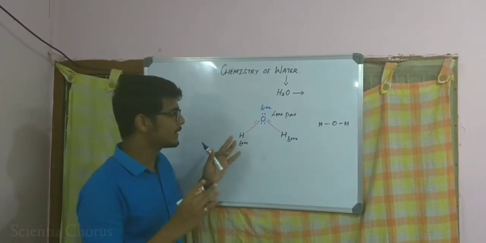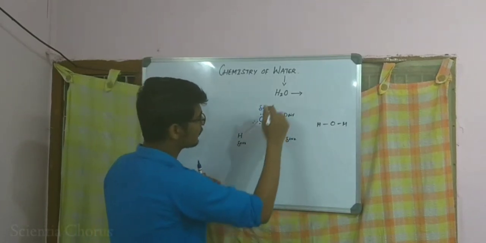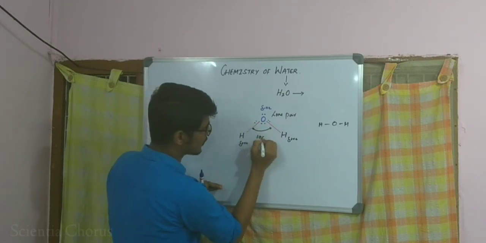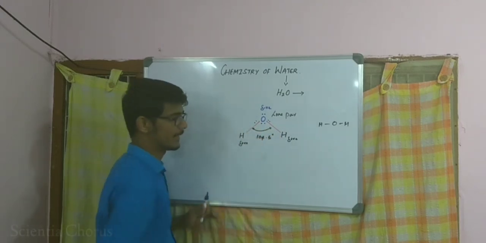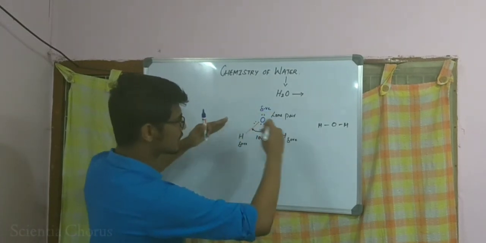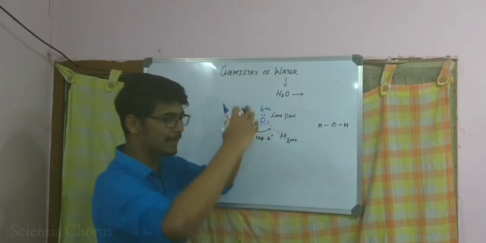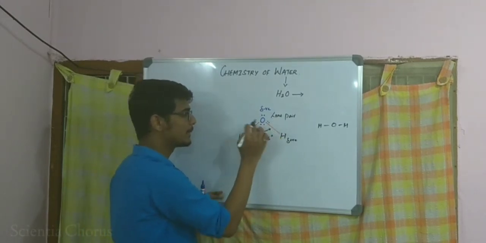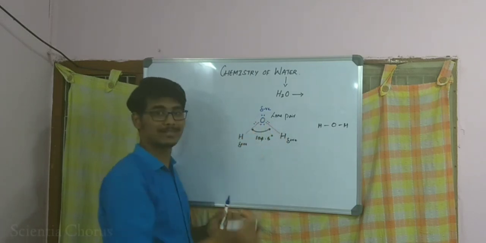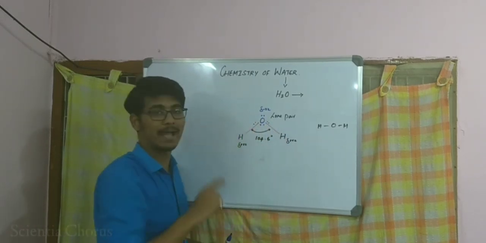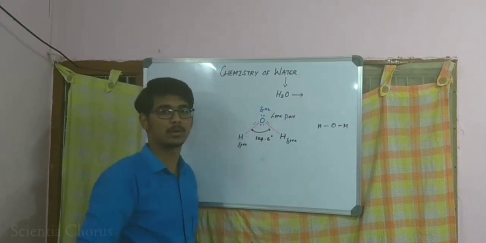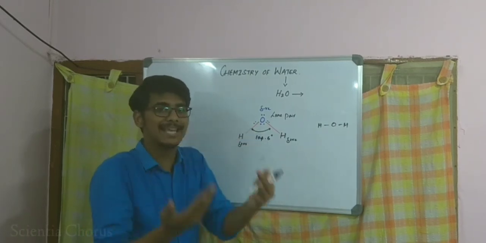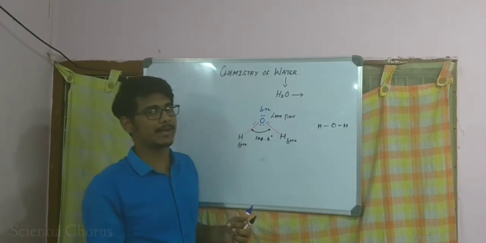Now what is happening in this case is the bond angle of water, okay, the bond angle of water is around 104.5 degrees. The reason these bonds have been bent is, we know that the bonding electrons are towards oxygen, and oxygen is having the lone pairs of electrons on it. So we know that electrons and electrons repel each other since they have the same charge, negative as well as negative.